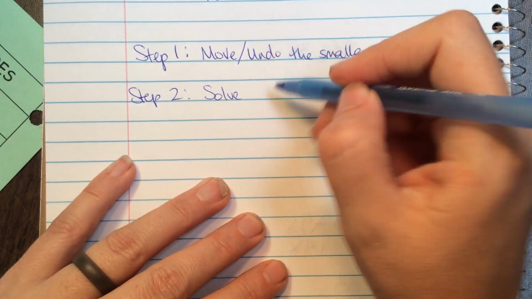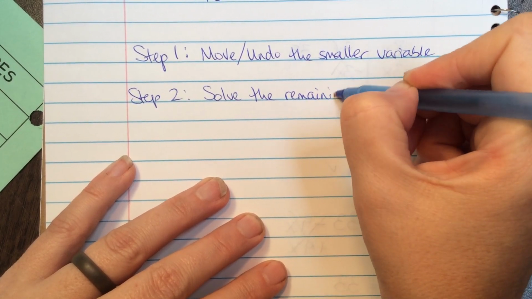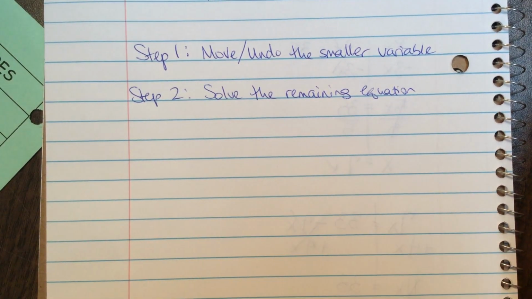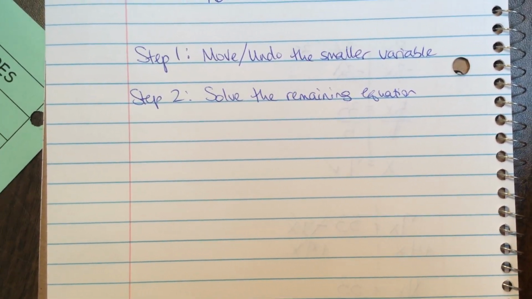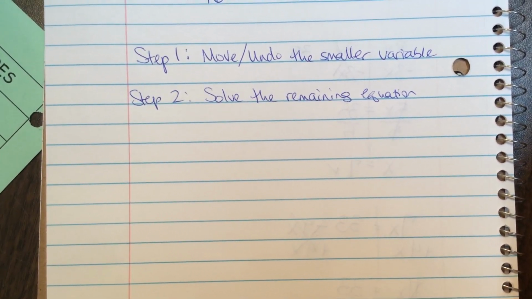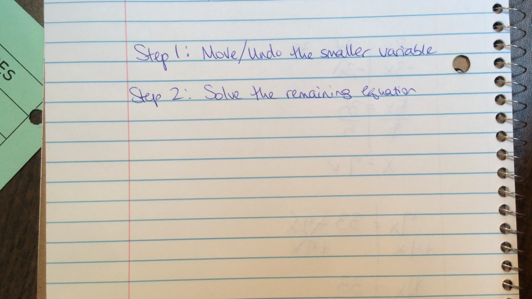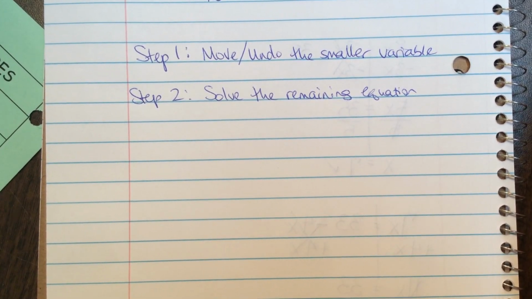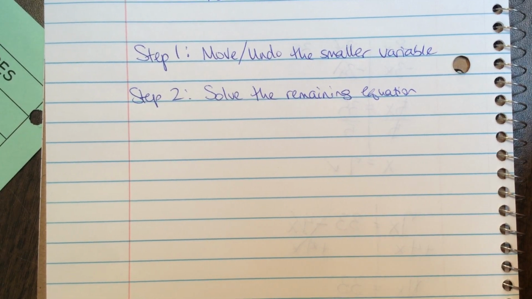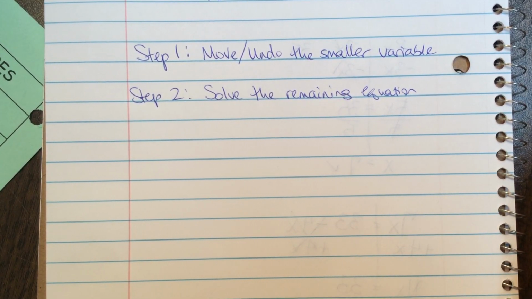Solve the remaining equation. And that can be a one-step equation or a two-step equation, but it won't matter because you are able to do both of those. And that's really it. So the next video will be working on examples from your assignment.